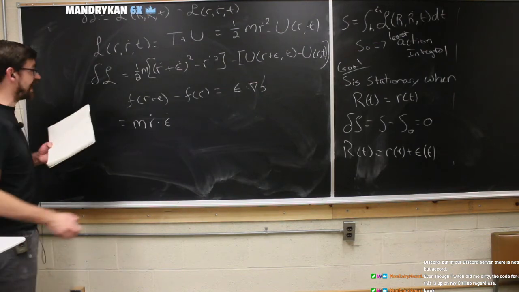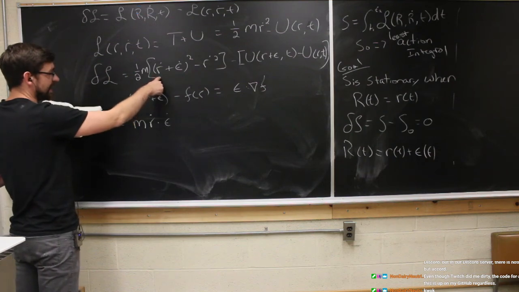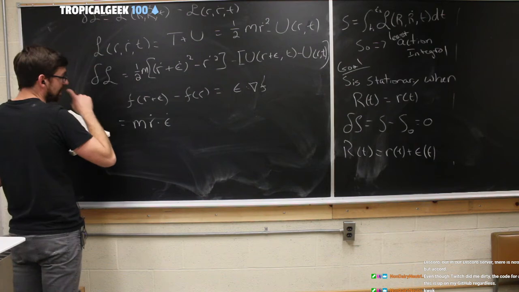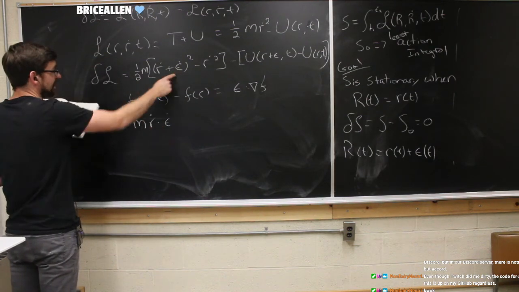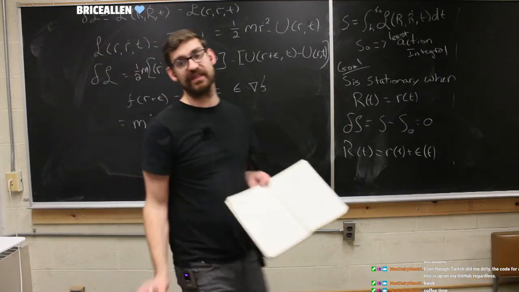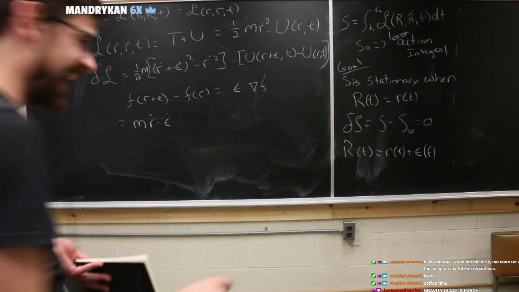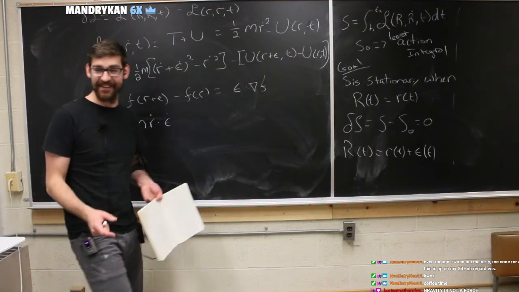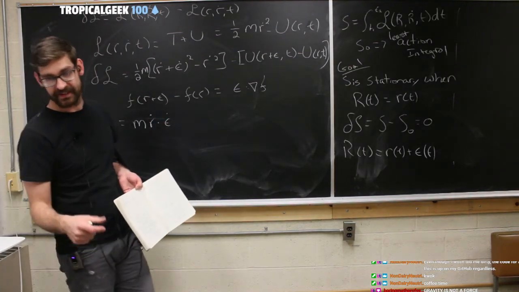So this ends up being, you'll multiply this out, you'll FOIL it out, you'll get r dot squared minus r dot squared, so those two will go away. Then you'll get your middle term. And then really all that's left is this middle term right here, right? Because epsilon is small, so if we square it, epsilon squared is even smaller.